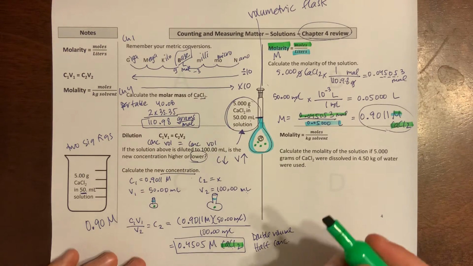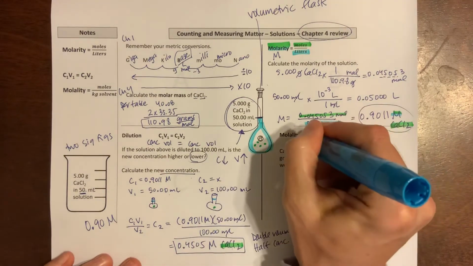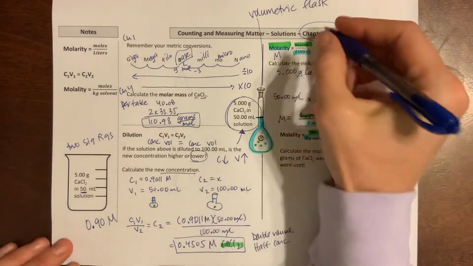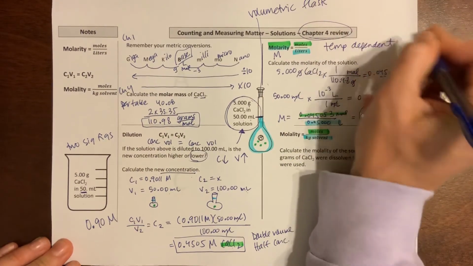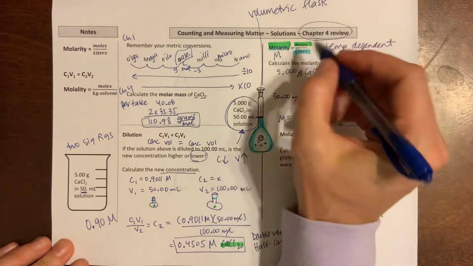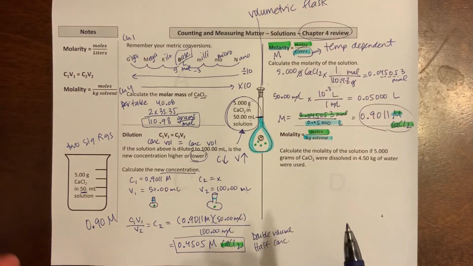And molality is going to be sounding a lot like molarity, right? Molarity, though, is temperature dependent, we say. And that's because the volume is going to change if we change the temperature.